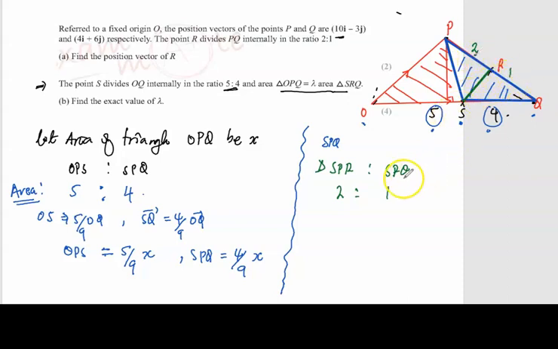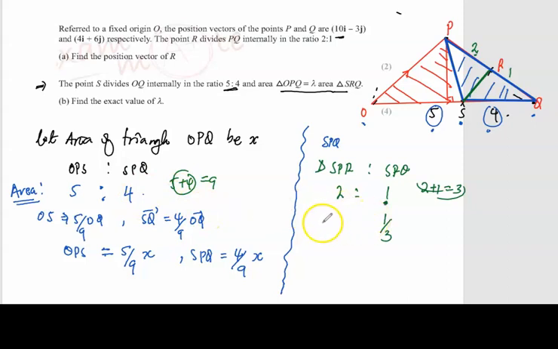That means the triangle SRQ is going to be 1/3, because the total of the ratio is 3: 2 plus 1 is equal to 3. It is the same thing we did over here, because this is 5 to 4, so 5 plus 4 gives 9, and then I have 5/9 and 4/9.